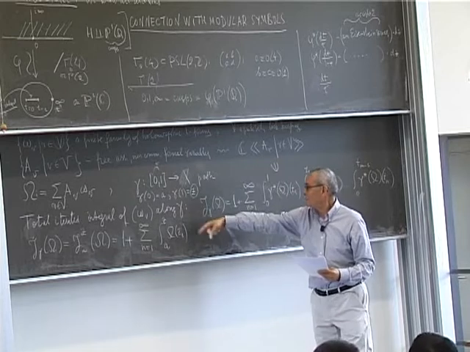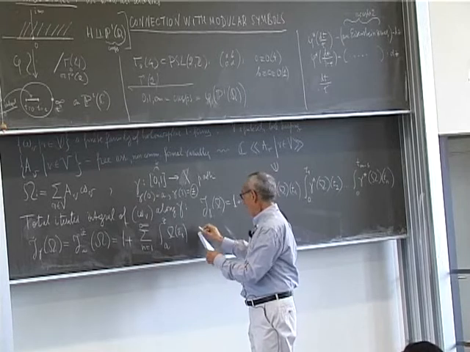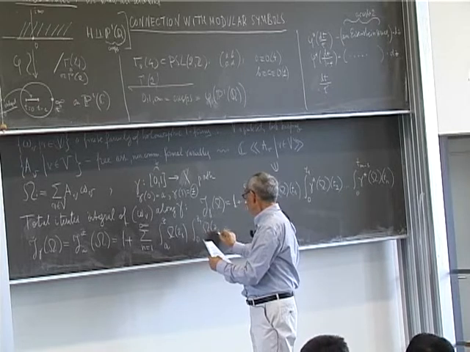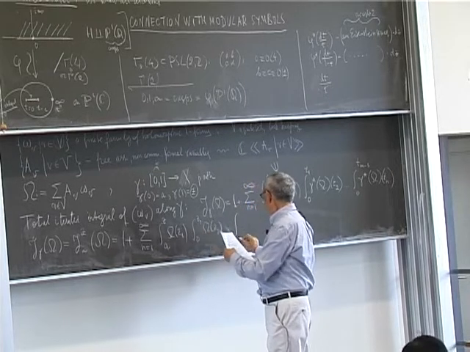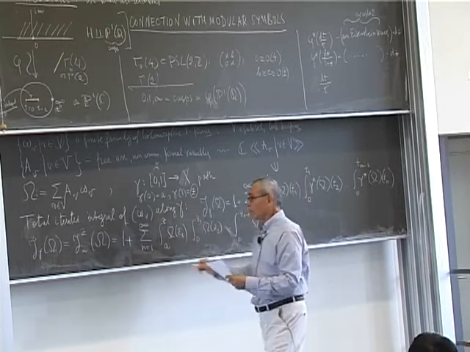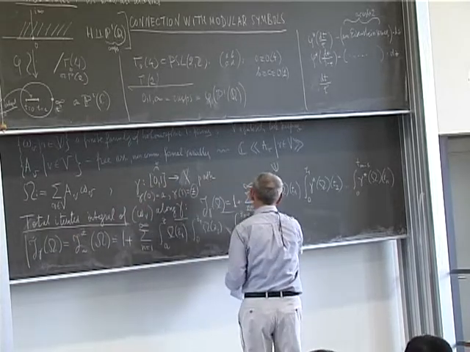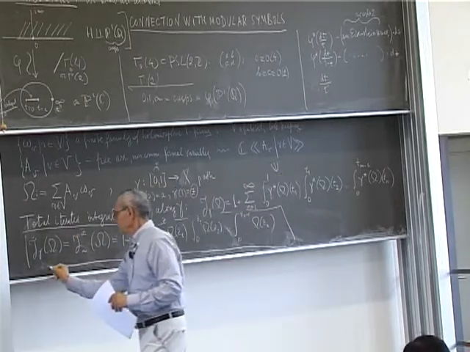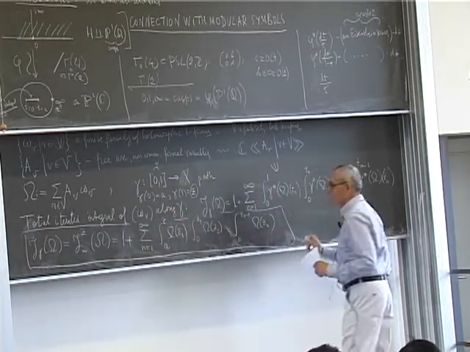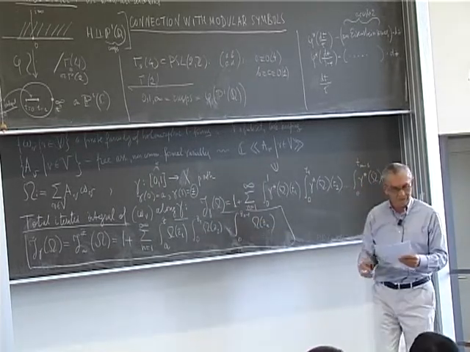I rename them just by z_i's, which will be points on X. So this will be my main object, this total iterated integral. This notation is slightly less precise than this one, but it's more intuitive, so I will be using it.